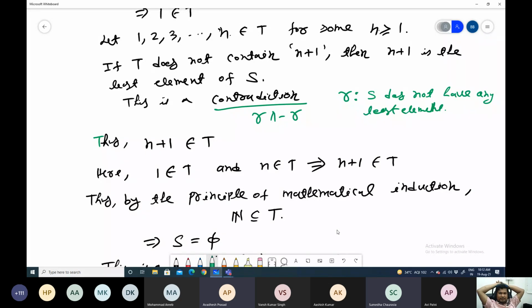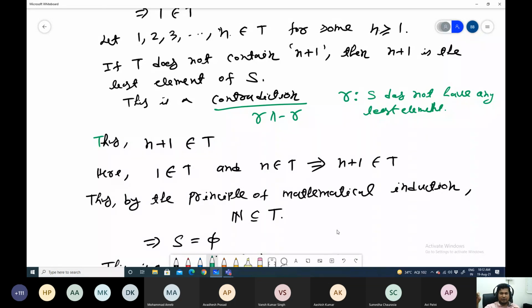So we are saying that for some k greater than or equal to 1, let's start with k equal to 1. That means if 1 belongs to T, that means 2 belongs to T. Then for k equal to 2, since we already proved that 2 belongs to T, we can say that 3 belongs to T. As I told you, the principle of mathematical induction and strong induction are both the same actually.